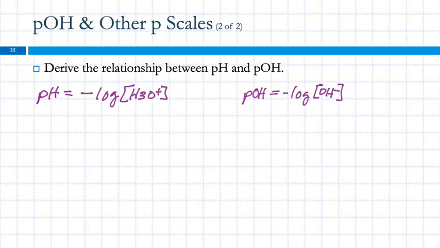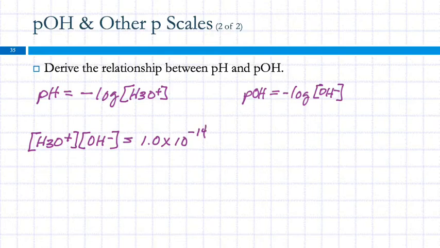Well, what do we know about the relationship between H3O plus and OH minus? Their product is 10 to the minus 14.